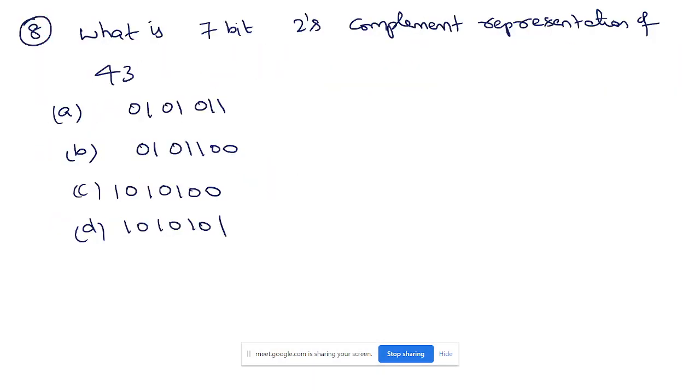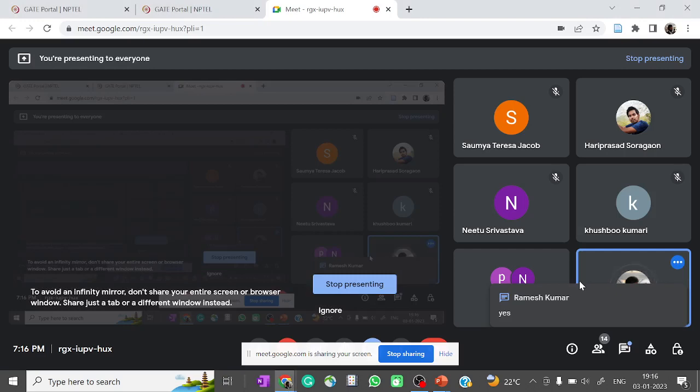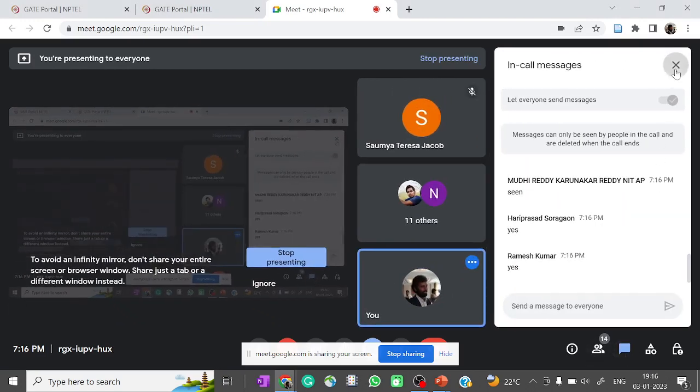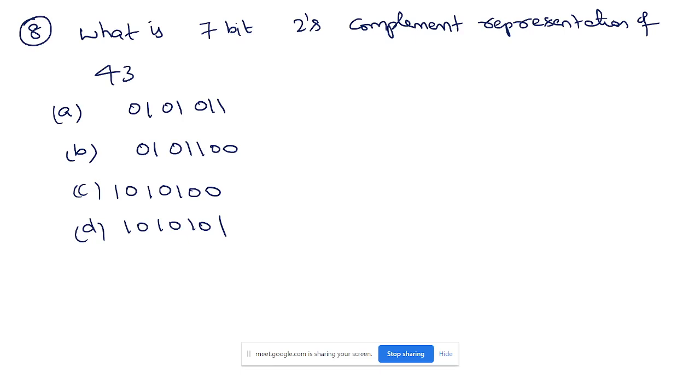Okay, this one, 7-bit 2's complement representation. Have you seen this one? What is the 7-bit 2's complement representation of 43?